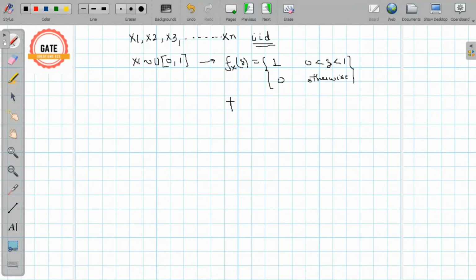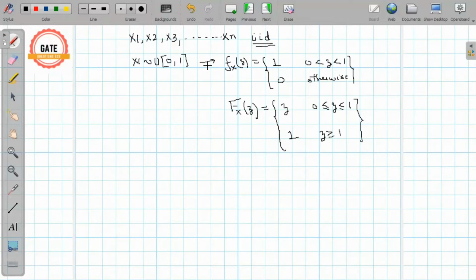The CDF for X will be the integration of this, so it will be z where z lies in 0 to 1, and 1 for z greater than or equal to 1, and for all other values it will be 0. So these two are the PDF and CDF expressions for X1.